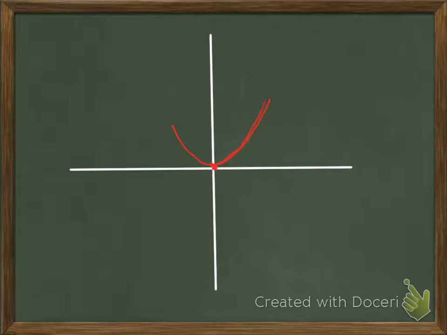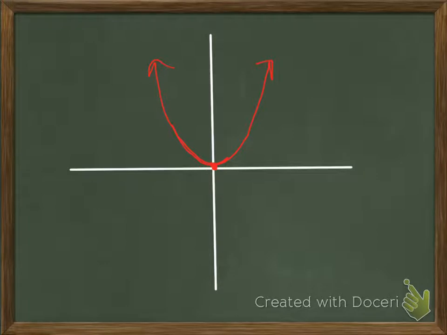So our parent quadratic function may look like that. It's tough to have a perfect drawing without the points, but I just wanted to give you an example of what to look for. I'm having a hard time with this right side here, let me just fix it. Here we go. So our parent quadratic function looks something like this.